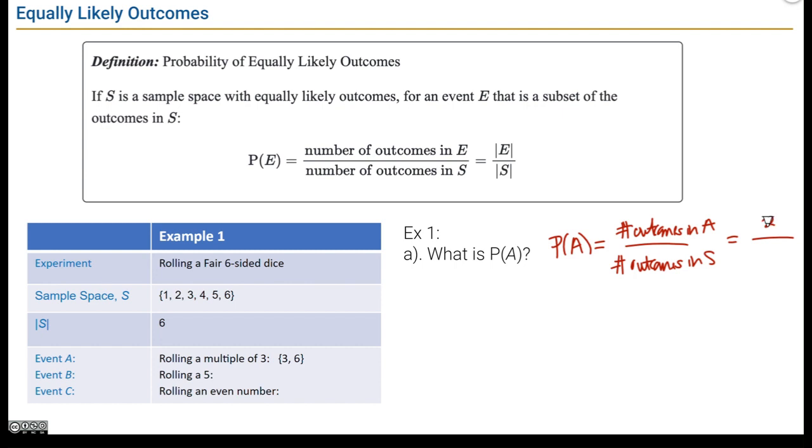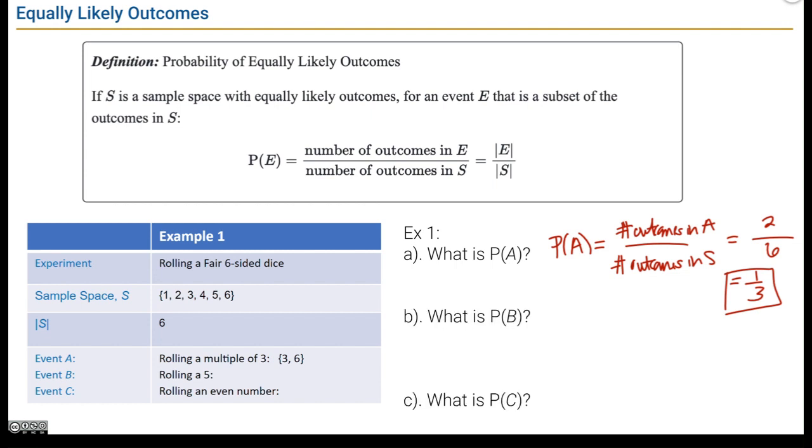It's either a 3 or a 6. Total number of outcomes was 6, so this ends up being 1/3. So if that was your intuition at the beginning of the last video, yes, great job. You have good intuition for how we can calculate probabilities in these equally likely outcome situations.